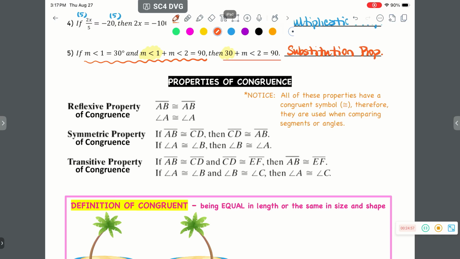That's right, they're the exact same names as the highlighted ones on the previous page. They just say of congruence instead of equality. So they have literally the exact same meaning, except with congruency symbols. Because remember in Unit 1, we learned there's a difference between equal signs and congruent symbols. One is a numerical basis, and one is just talking about the object.